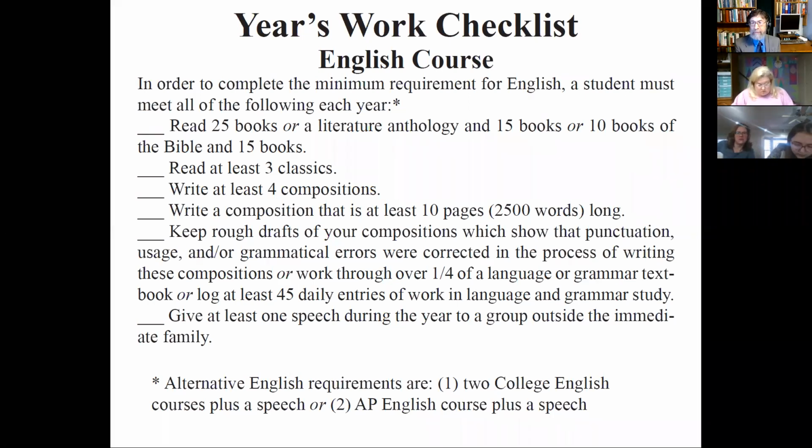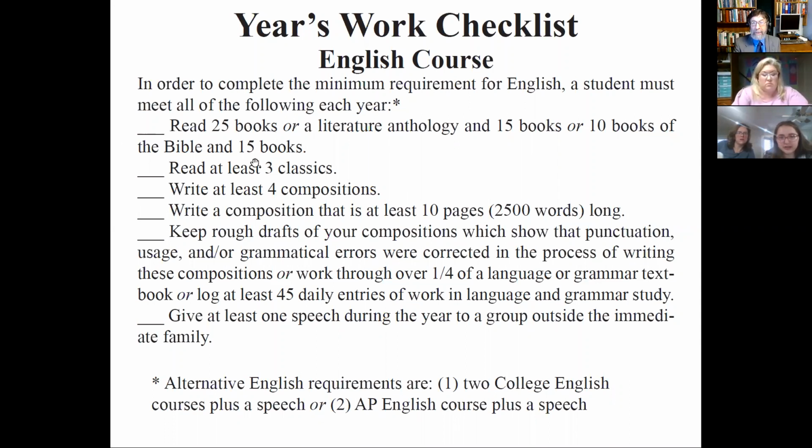This is what the evaluator is going to be looking for in a PHAA English course. Most of our requirements, our heavy-duty requirements, are in the English course. You have to read every year 25 books, or a literature anthology and 15 books, or 10 books of the Bible and 15 books.